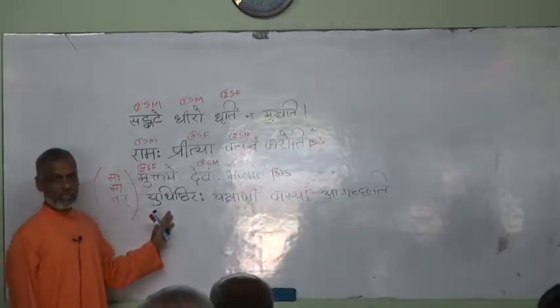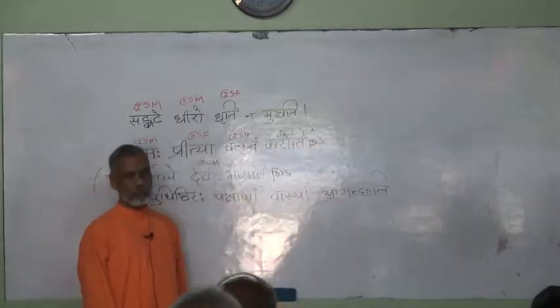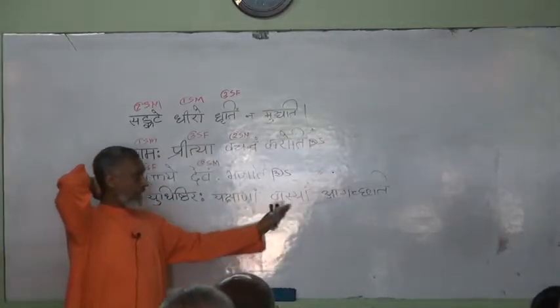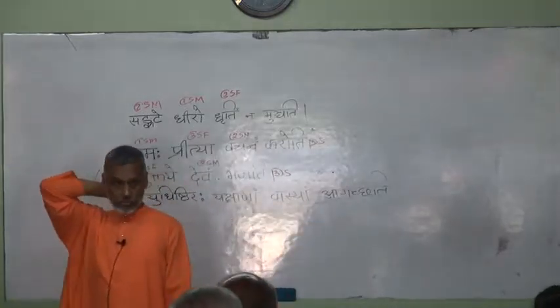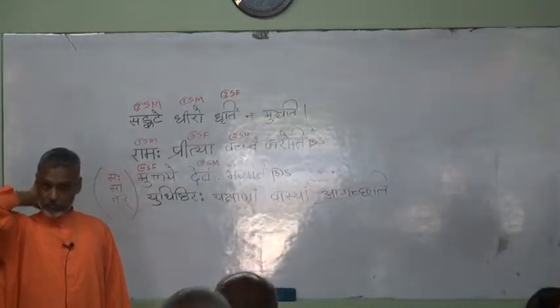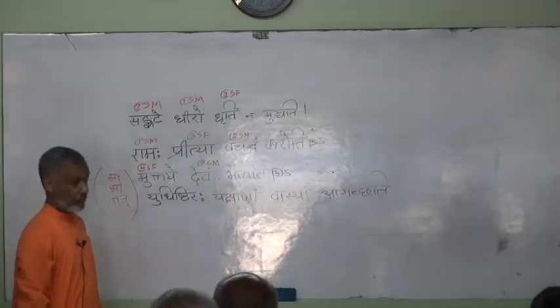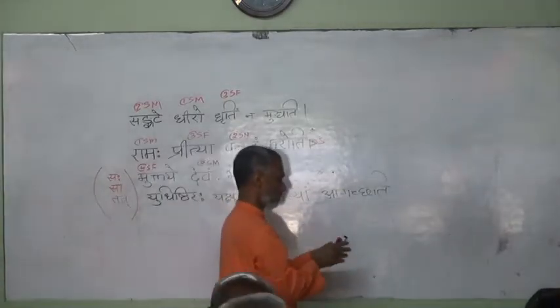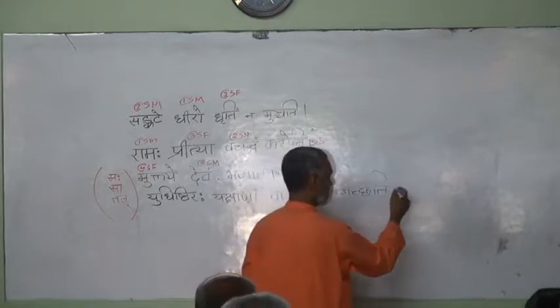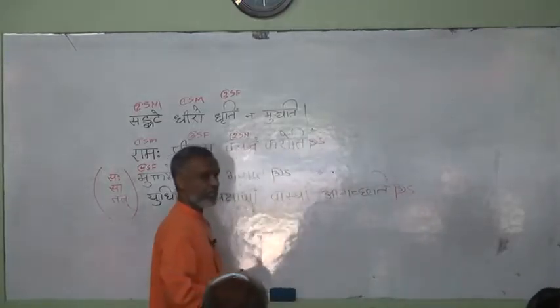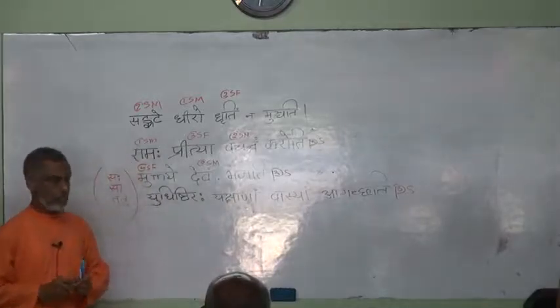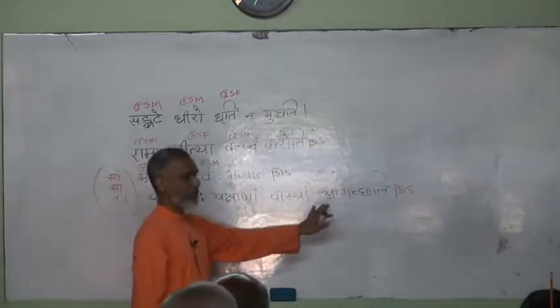You have to get the subject and you have to get the verb. So here agacchati means who comes? Yudhishthira comes. What number person is it? He, she or it comes. You go word by word. He, she or it comes.